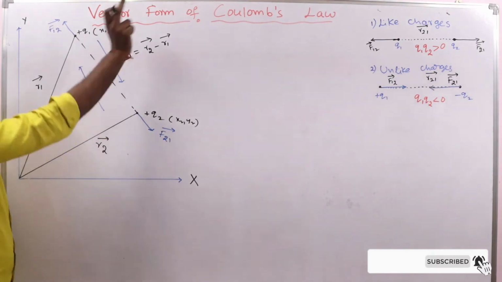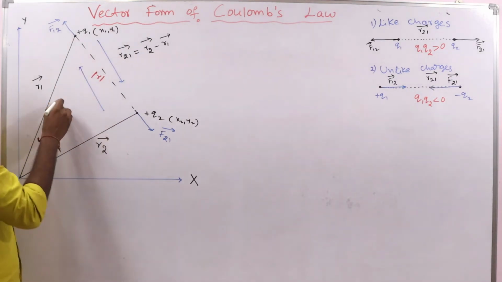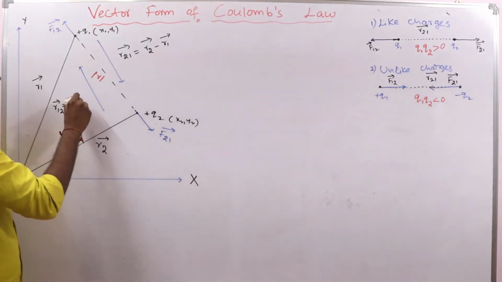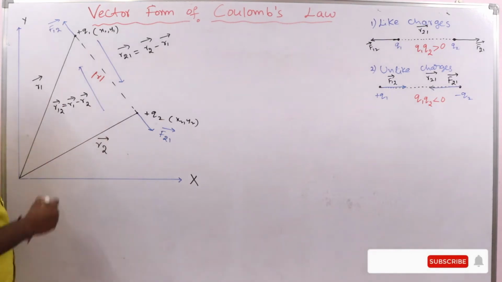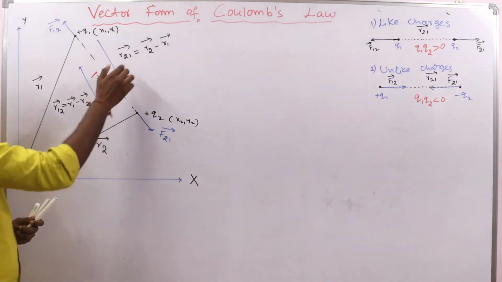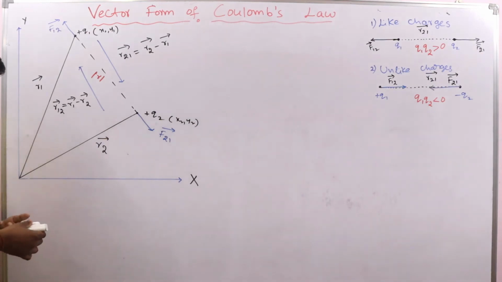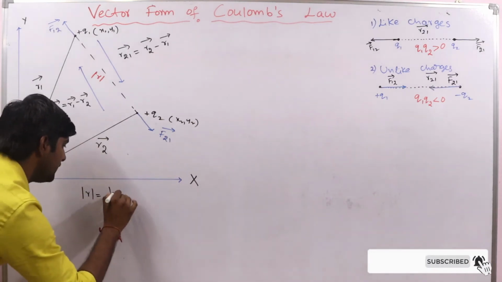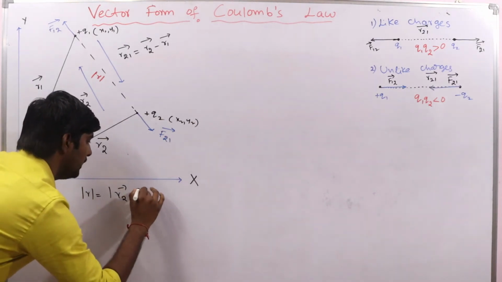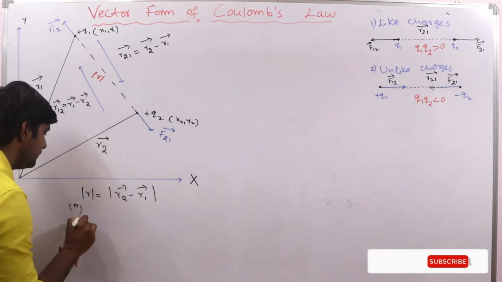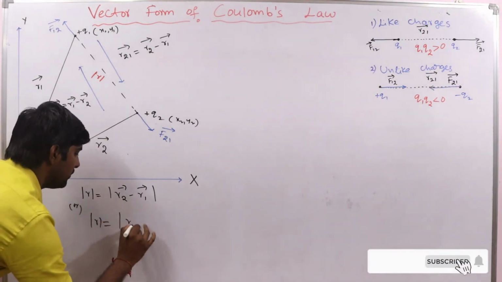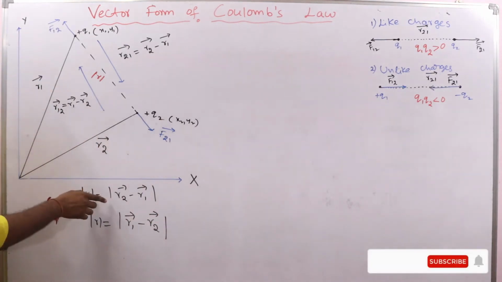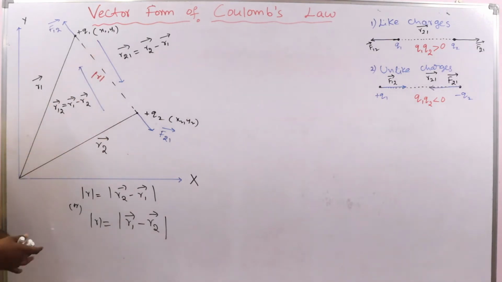The other is the vector leading from 2 to 1, which we can write as r12 bar, r1 bar minus r2 bar. These are the two possible vectors for this r. The magnitude of the separation distance is equal to mod r2 bar minus r1 bar, which is also equal to mod r1 bar minus r2 bar. So they have equal magnitude but opposite direction.